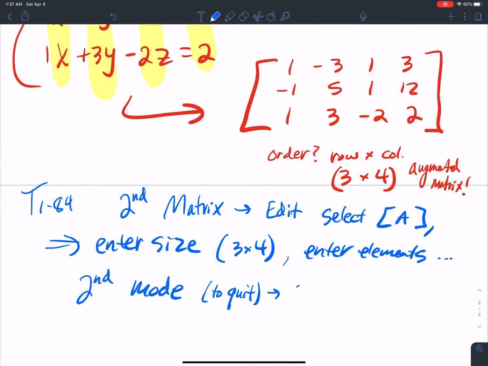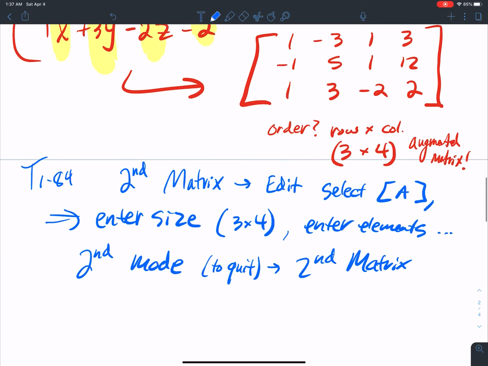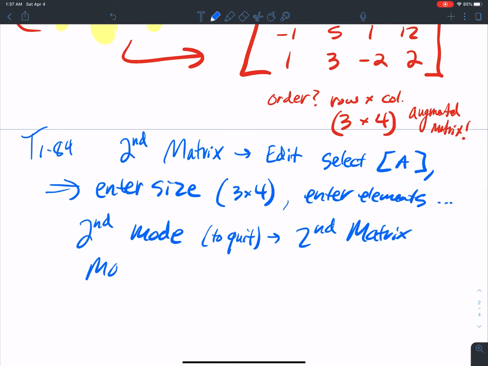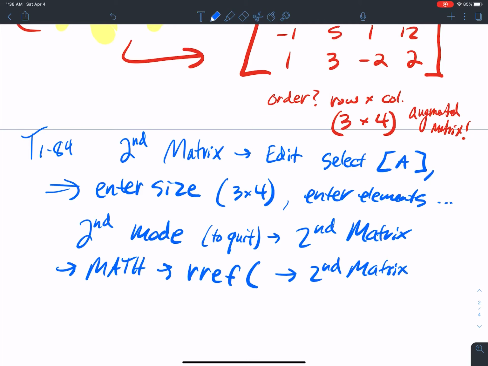Then you're going to hit second matrix, and then you're going to hit math, and then you're going to hit the RREF button, and then you're going to hit second matrix and select the augmented matrix.